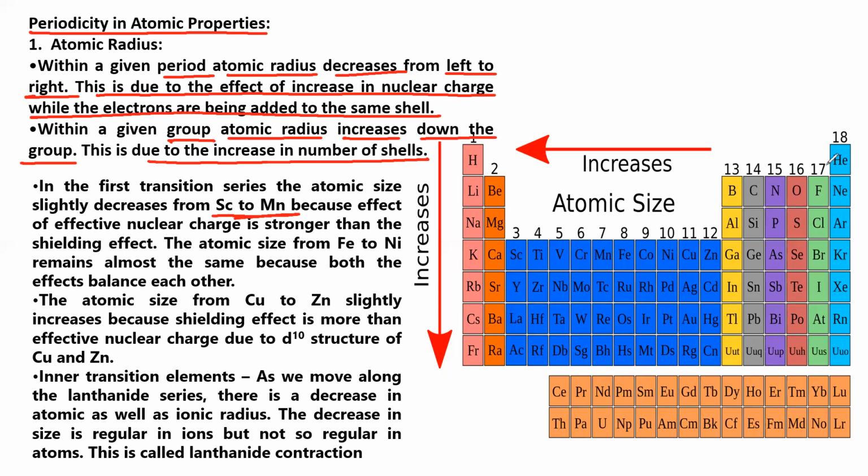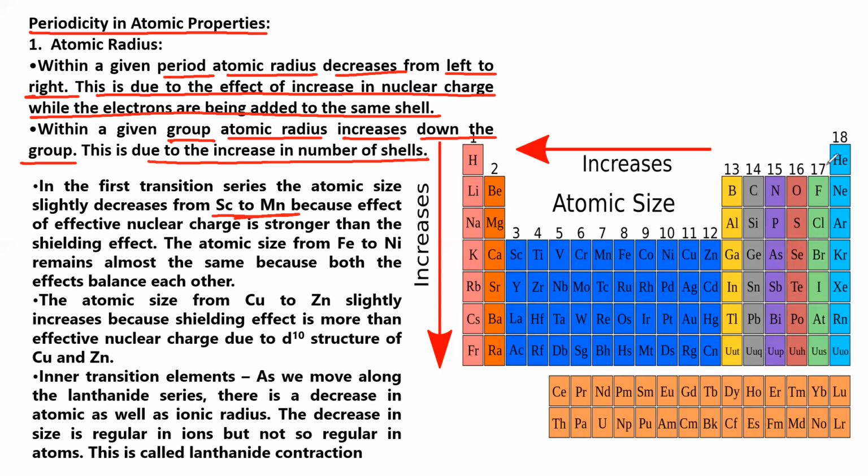That is called the shielding effect in the proper manner. The inner electrons will shield the outer electrons so that they are kept away from the nuclear attraction. So this is commonly called the shielding effect. Nuclear charge is stronger than the shielding effect.